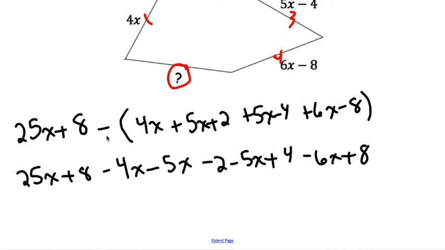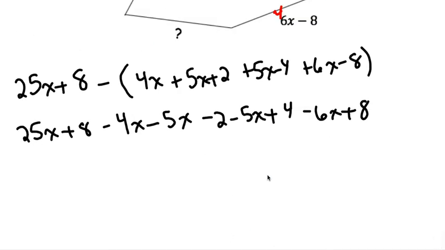I took my perimeter, which they told me was 25x plus 8, and I subtracted the sum of the other 4 sides, and this will give me my 5th side, this question mark here. So when I do all of this work, it will give me my final answer for that 5th side.